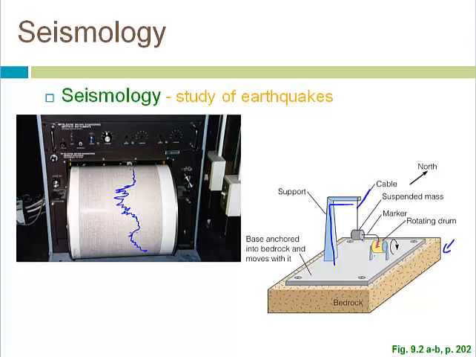It basically stays stationary. Well, eventually it will swing if the earthquake lasted long enough, but it's not going to absorb much of that energy. But the drum, the seismograph that you're recording it, records how the bedrock is moving.